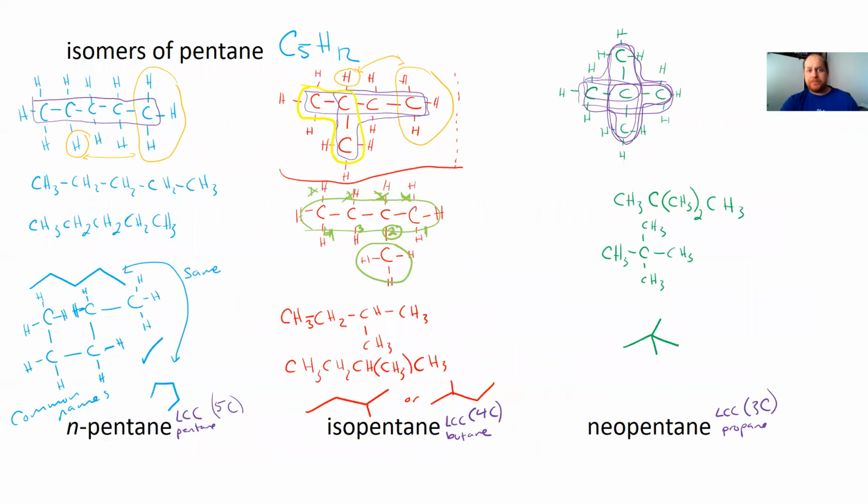What I'd like to do is start out with the pentane molecules here. The IUPAC name is pentane. If we look at the second one, we know our longest carbon chain is butane, and our substituent, our branch, is a CH3.